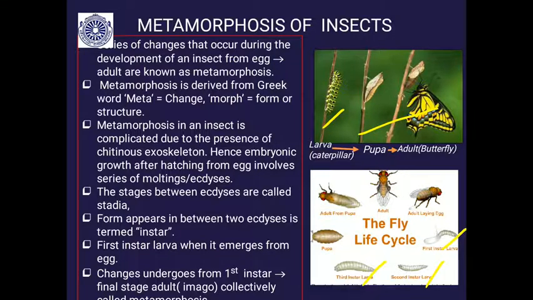Then further the third instar, and it undergoes molting to give rise to the pupa. You can see several stages or instars from egg to pupa. Then the pupa changes into the adult. So, there is a series of changes from the first instar to the final adult stage. What you see is collectively called metamorphosis.